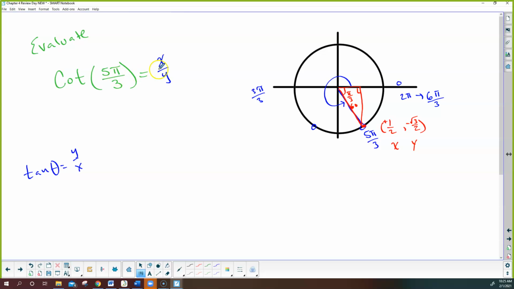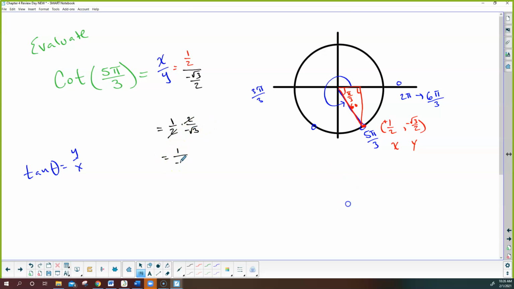Cosine over sine is cotangent. So if I do 1/2 divided by negative square root 3 over 2, the 2's are going to cancel out. We know that. But if you're not sure, you can times by the reciprocal. And there you'll see the 2's reduce out.